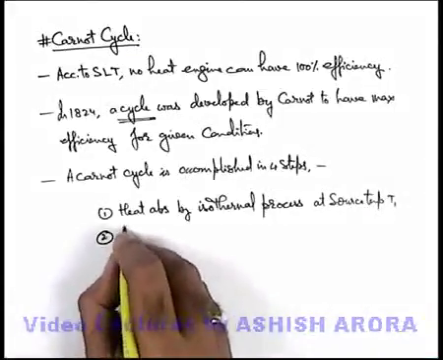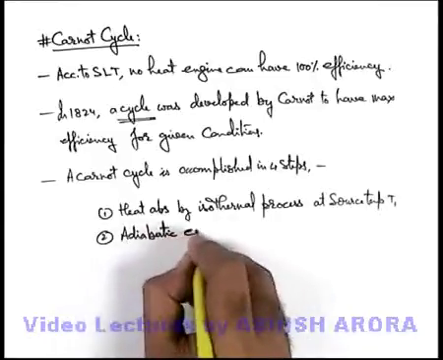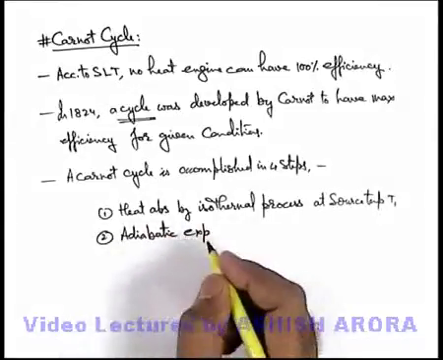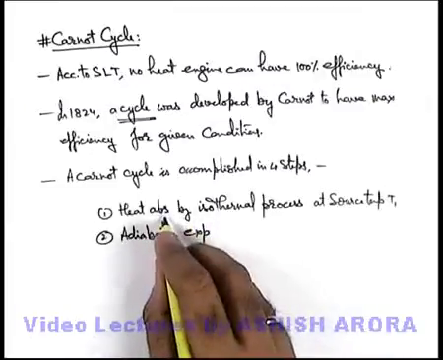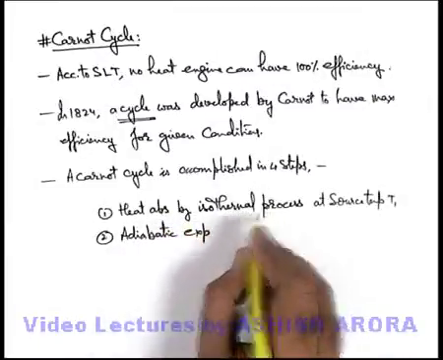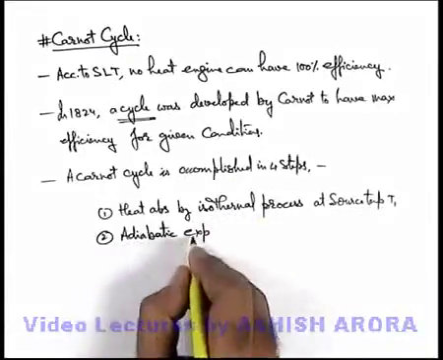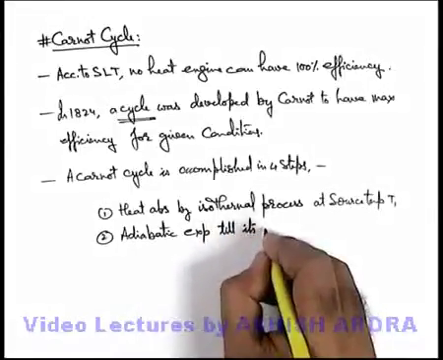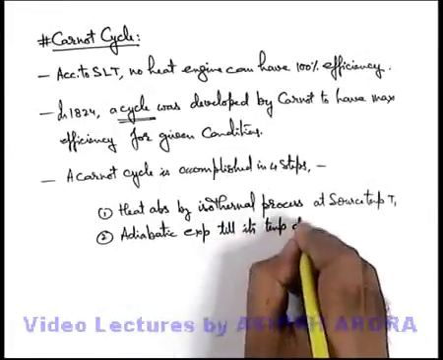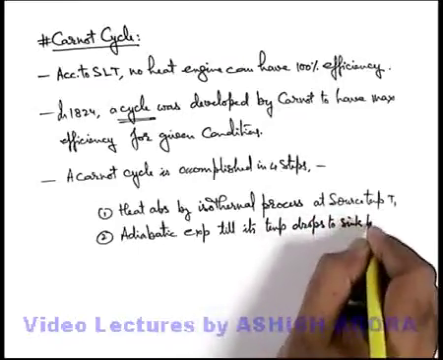The second one is adiabatic expansion. We know that in adiabatic process no heat is involved, and the gas is first absorbing heat at source temperature, then it is expanded till its temperature drops to sink temperature T2.